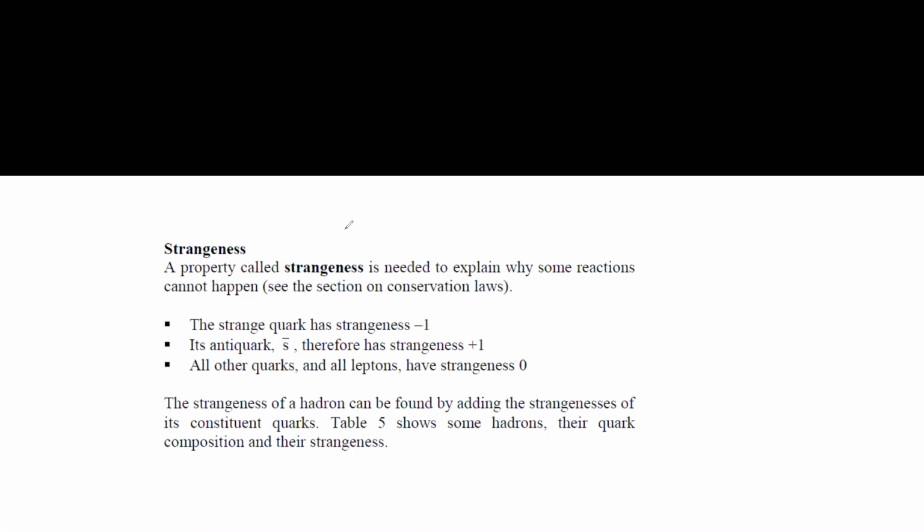To explain why the reaction does not proceed, we use the strangeness number. For every strange quark it is -1, and for anti-strange it is +1. Copy this strangeness number.